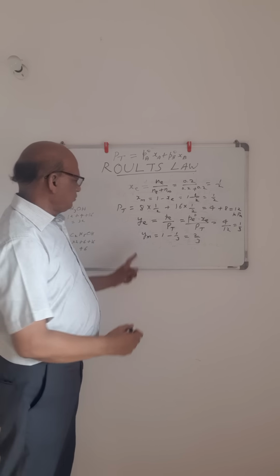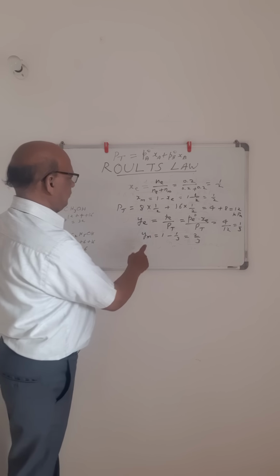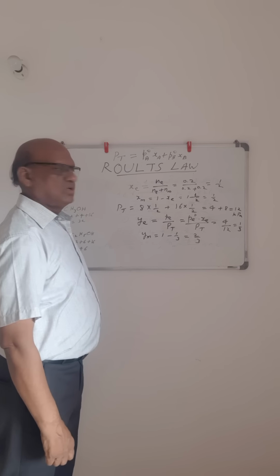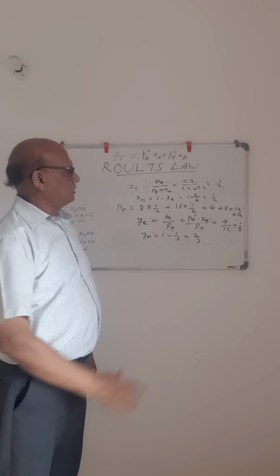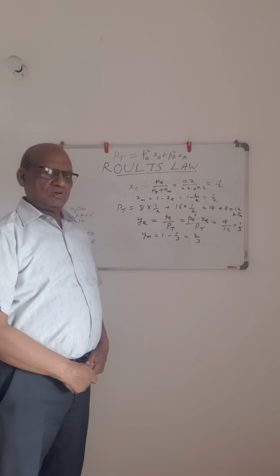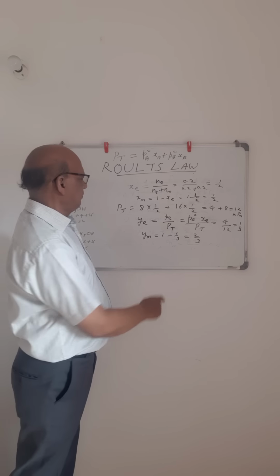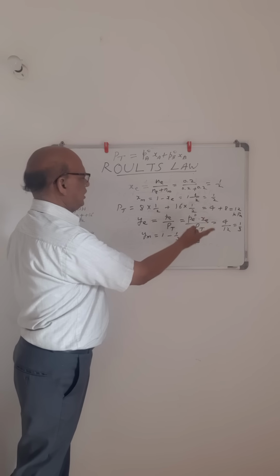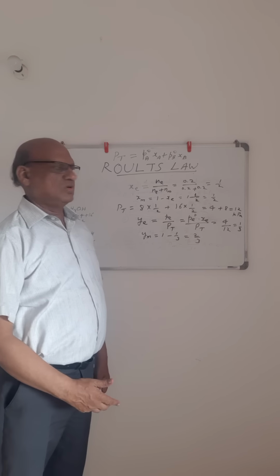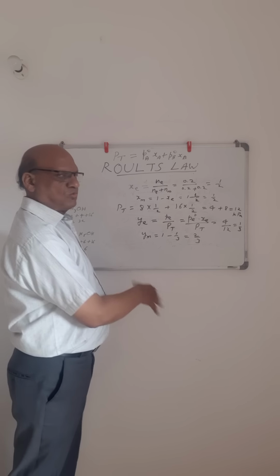Now what you see is that the methanol mole fraction Y is double that of ethanol. Even though it is an equimolar mixture of ethanol and methanol, the mole fraction of methanol is double that of ethanol in the vapor phase. What does it show? Because methanol is more volatile.